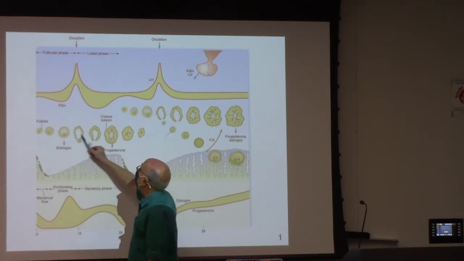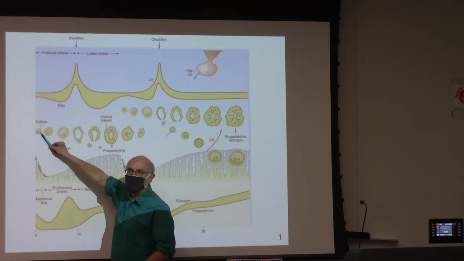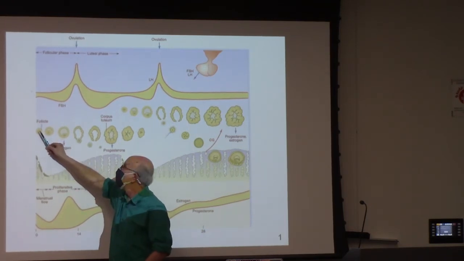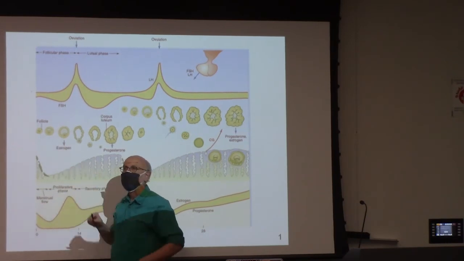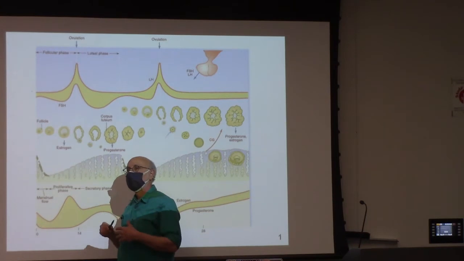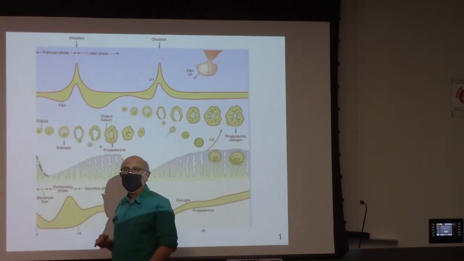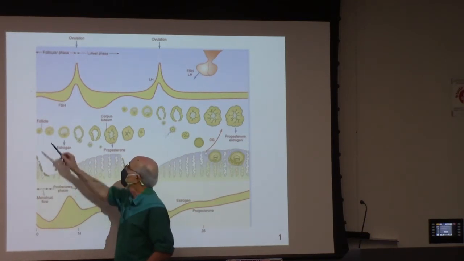We have cartoons showing the development of the follicle, from the primary follicle, the one that has won the race with all the primordial follicles, the dominant follicle. Some of the others that have started to develop don't continue to develop. Most of them just stay quiescent until the next cycle, or the next cycle, or the next cycle.